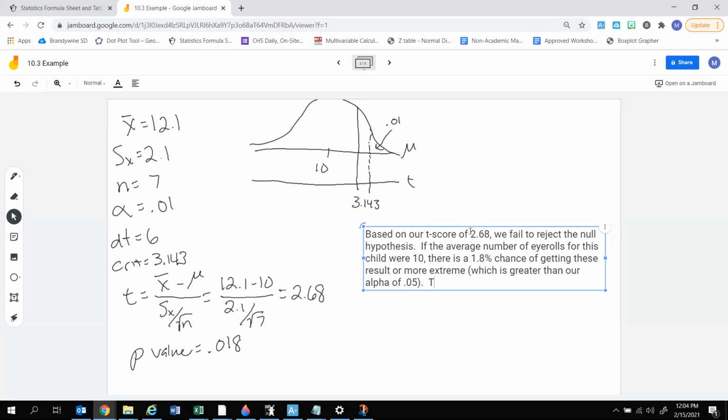Then we do our conclusion. There is not enough evidence to claim that this child is salty. Once again, a gentle reminder: we never say that the null is true. We just say there isn't enough evidence to prove it false.